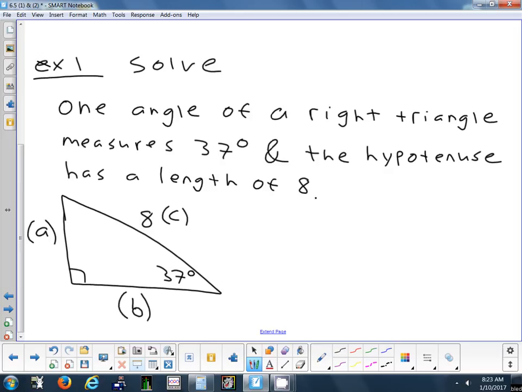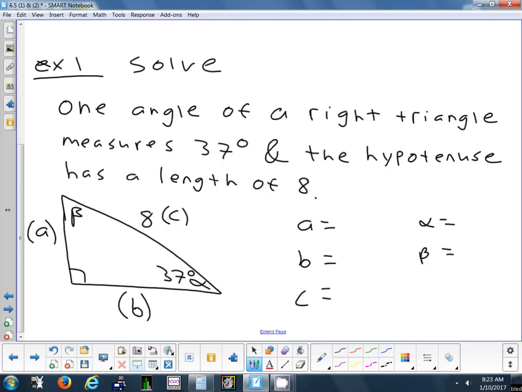And now, because of the way I labeled the sides, I've given the 37 a certain name. What's the name of the angle that's 37? Yep, I've now forced this to be alpha, and the angle at the top, beta. All right, so there's our diagram. The other thing I usually set up when we solve one of these problems, which would speed things up, is I make a chart with the 3 sides in one column and the 3 angles in the other column.